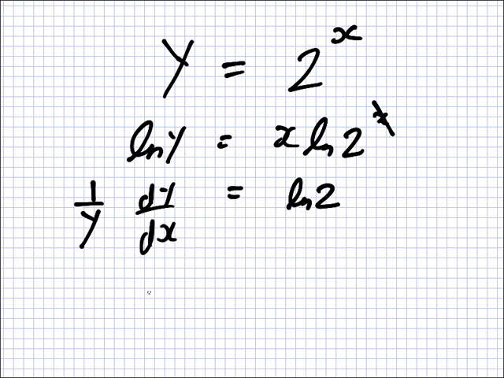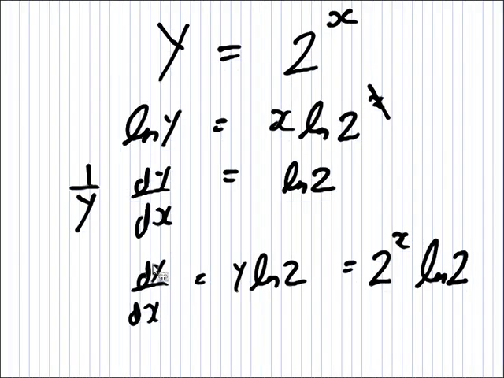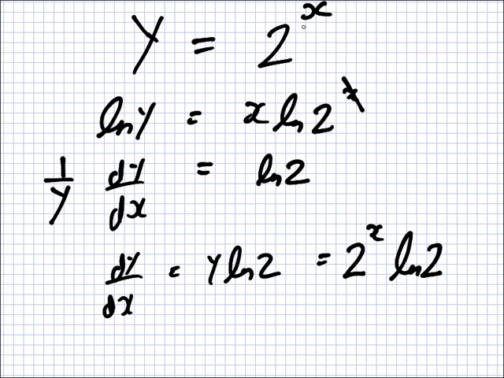So we get dy dx equals y log 2. But what is y? Well, we're told it was 2 power x. So the derivative of 2 power x is 2 power x log 2.